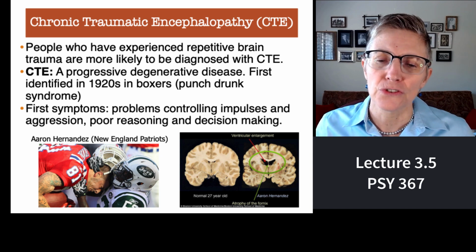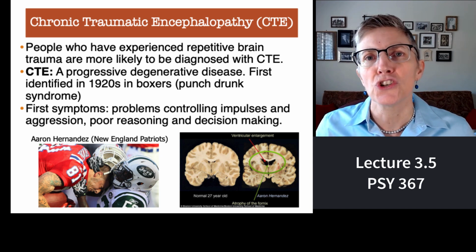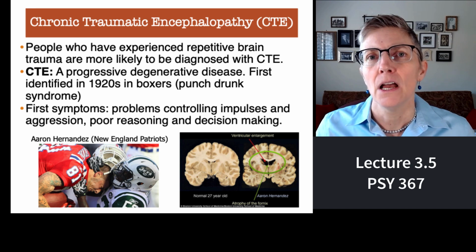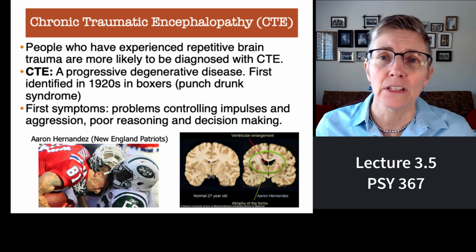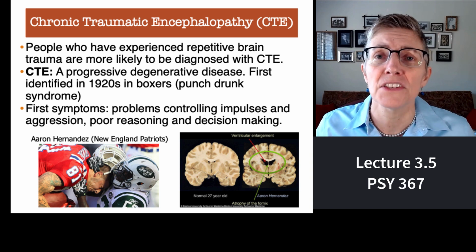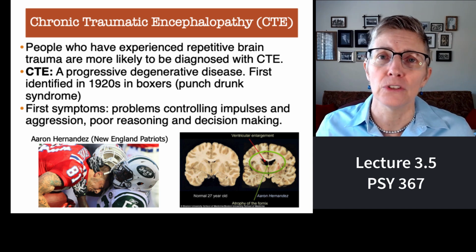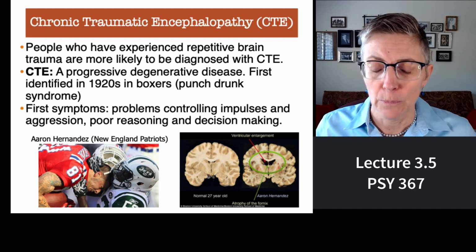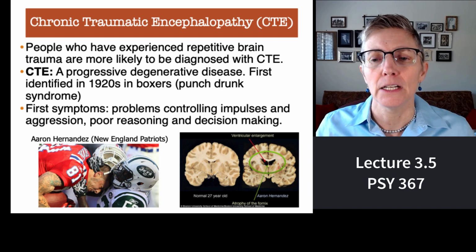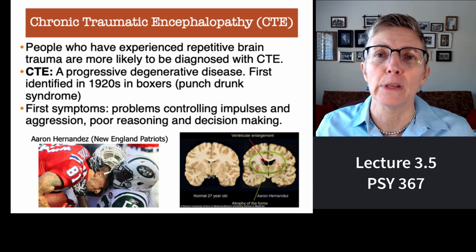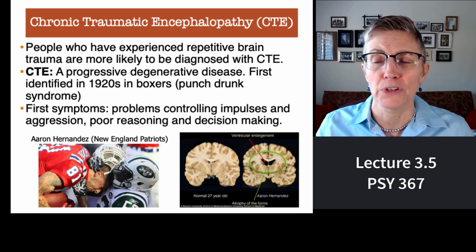When the researchers took a look at his brain, they were shocked by the massive amount of neural loss that there was in Aaron Hernandez's brain, which, it's hard to know. Correlation is not causation, but the traumatic injuries to his brain may have had something to do with why he made such dumb decisions that ended up in the death of other people and his conviction and imprisonment.